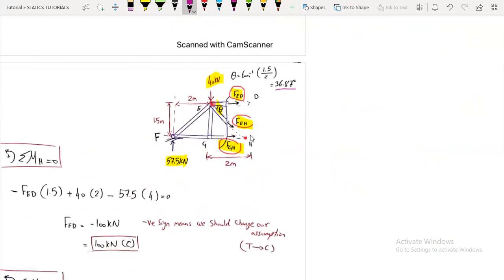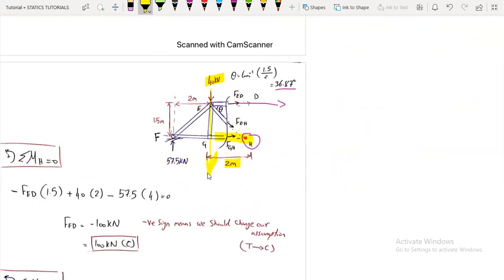So taking the summation of moments about point H, as we said, we will just have this unknown. So FED multiplied by this distance, which is what, given, 1.5 meters. Okay. It's minus because it's rotating clockwise. Plus, we have also the force 40 here, and the distance till point H is what? 2 meters.